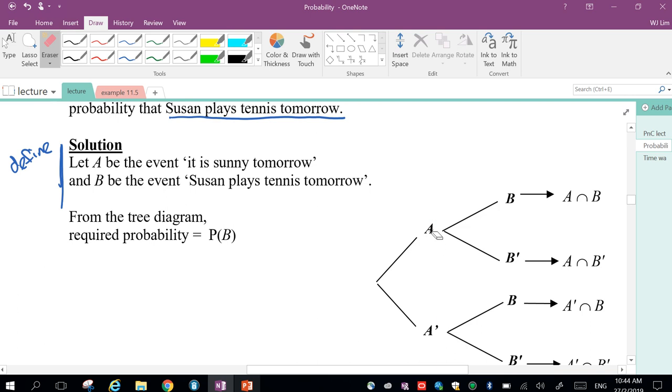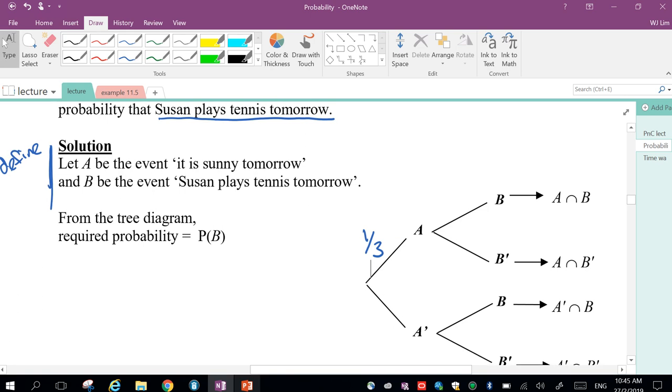Your probability should be written on top of the branch. Is that clear? Not the other way. The end of the branch is the event. On top of the branch is the probability. Okay, sunny is 1/3. A prime is not sunny, so it's 2/3.